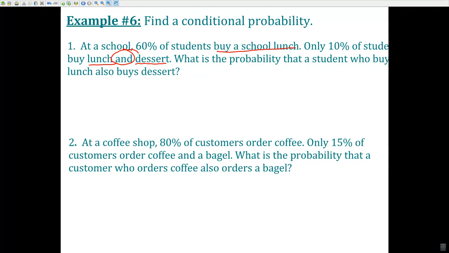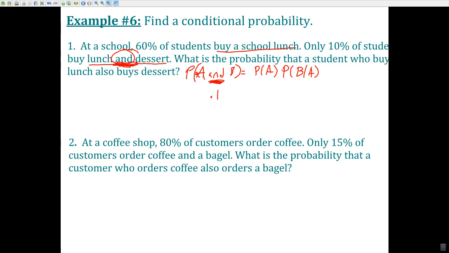Okay, so here's our formula again. The probability of A and B equals the probability of A times the probability of B given A. Notice, where's that "and" in our problem? Here. That's what they give us on that side of the equation. So your 10% doesn't go on the right side.